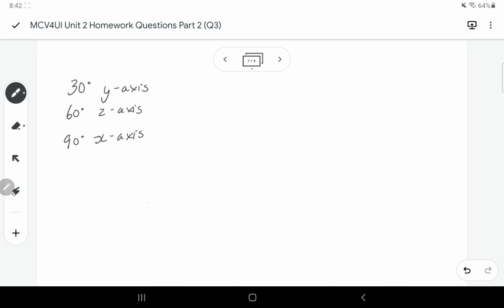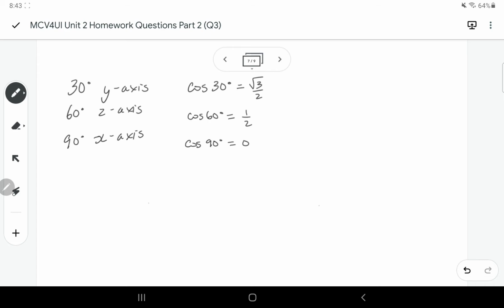So first of all, remembering our special triangles, cos 30, that's the 1, 2, root 3, so that's going to be root 3 over 2. Cos 60 is 1/2. And cos 90 is going to be equal to 0.